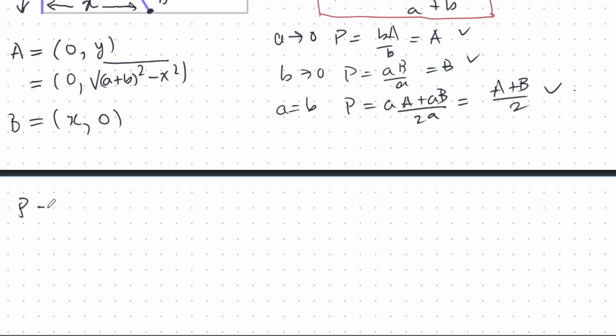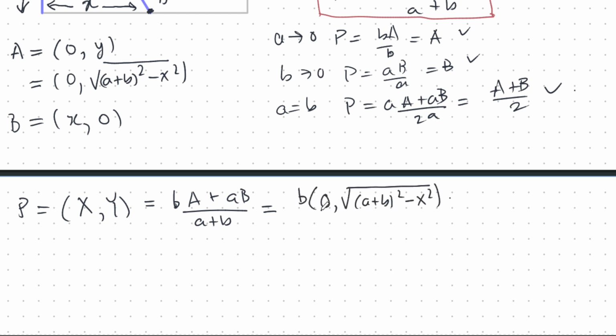So P, we give it capital X, capital Y as its coordinates. This will be (bA plus aB), the division theorem, over (a plus b). And now I plug these things in. We get b times (0, square root of (a plus b) all squared minus x squared), plus a times (x, 0), and over (a plus b). Very good.